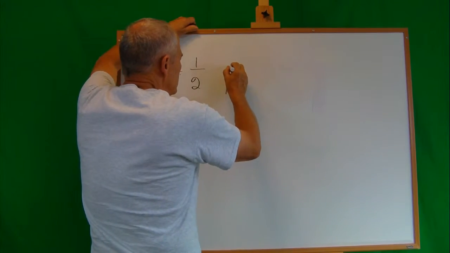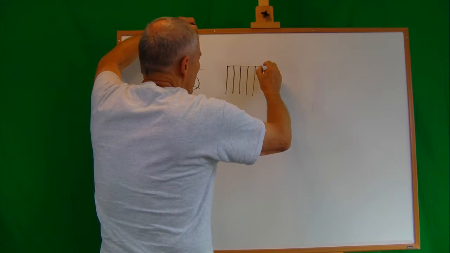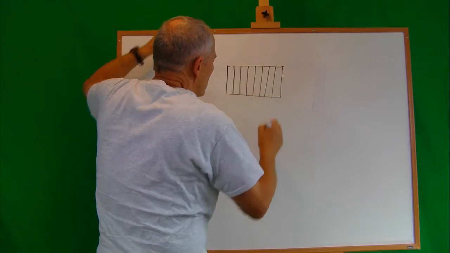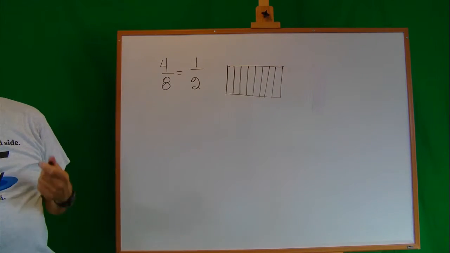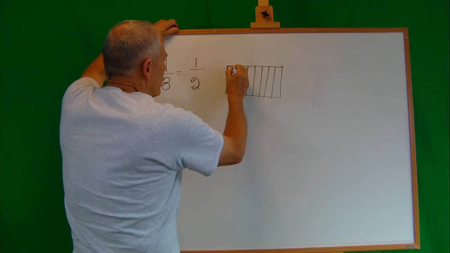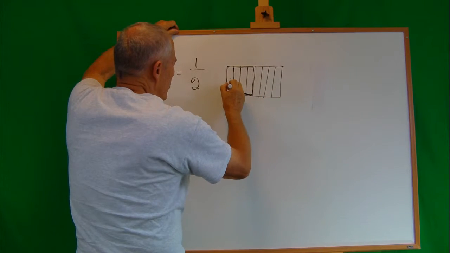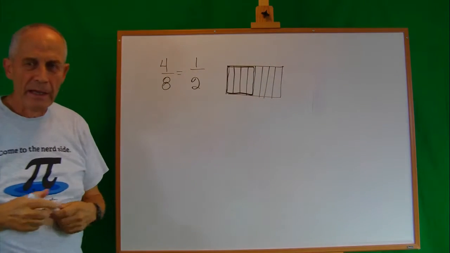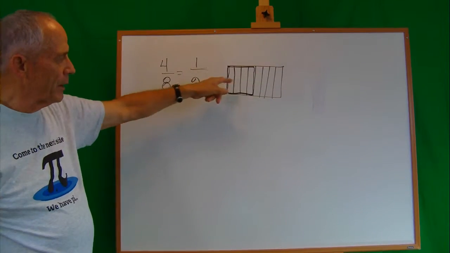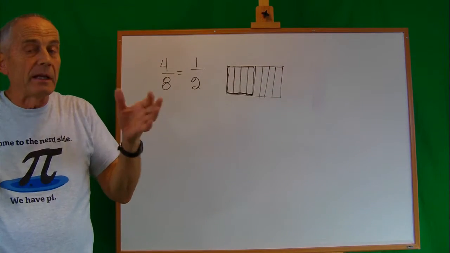And remember, use your imagination. Okay, 4/8 would be 4 of those. And I'm going to draw a border around 4 of them. Can you look at that and see visually that 4/8 is the same as 1/2? Okay, so we can see that it is.